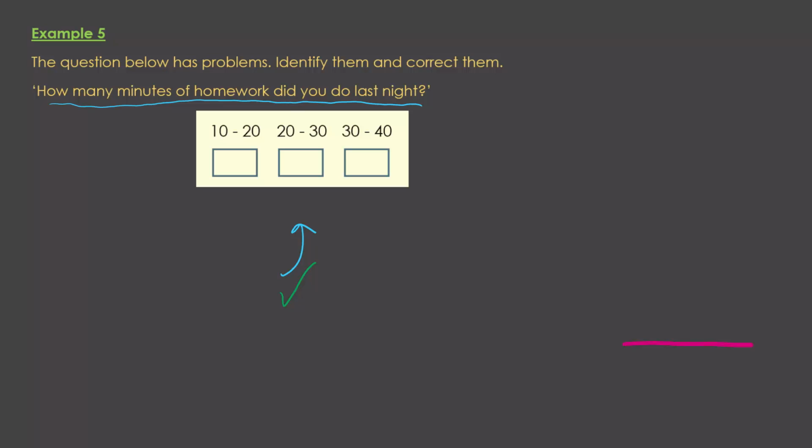Now, that's perfectly okay if you're actually interested in how many minutes of homework somebody did last night. However, it might be that you really want to know how many minutes of homework you do on average.